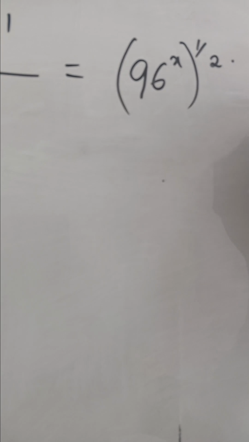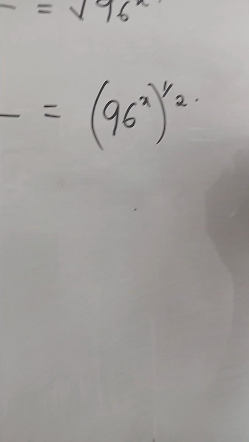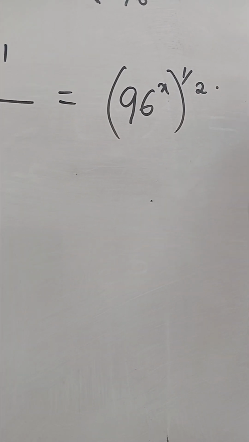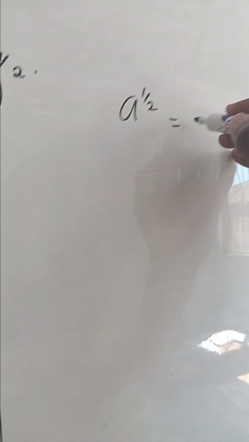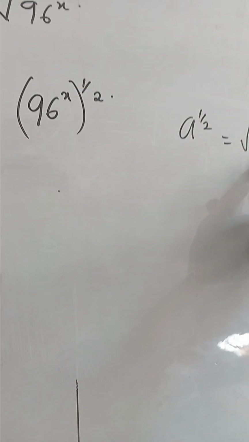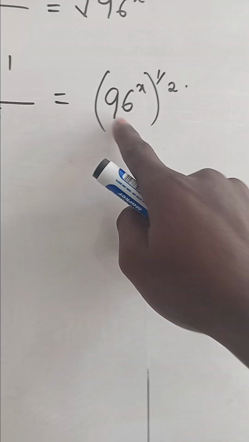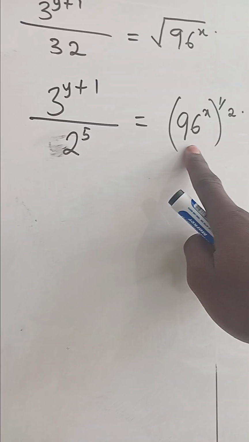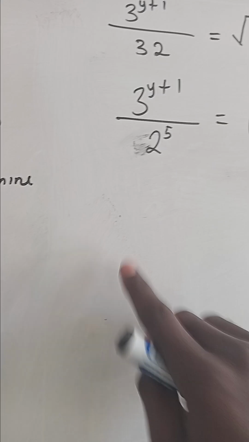Remember the rules of exponents. It says that when you have a raised to the power of half, it's the same thing as the root of a. So we are applying the same rule here, where our square root is half of the value we have, which is 96 raised to the power of x.